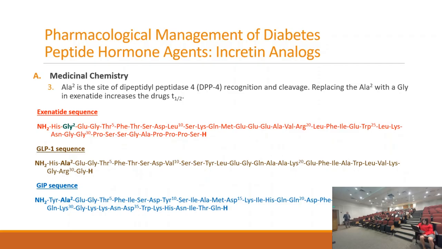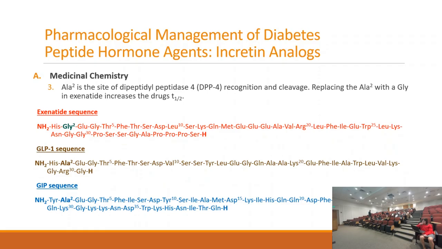So what we've done in exenatide is swap the alanine out for a glycine, and that prevents the interaction of exenatide with the DPP-4 enzyme, thus increasing its half-life significantly. In briefer terms, we know which amino acid in these incretin hormones is important for DPP-4 interaction and breakdown.